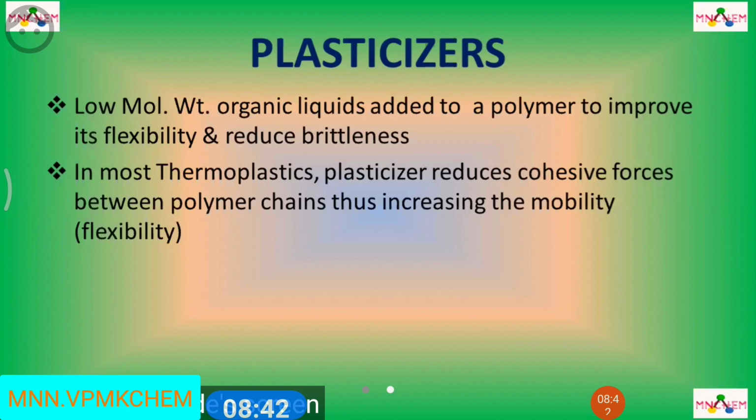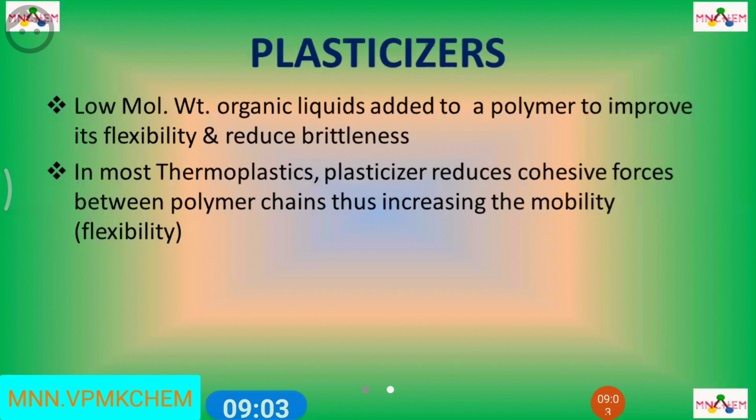In most thermoplastics, plasticizer reduces the cohesive forces between the polymeric chains, and thus it helps in increasing the mobility of these polymeric chains about each other. So that we call the flexibility of a polymer.